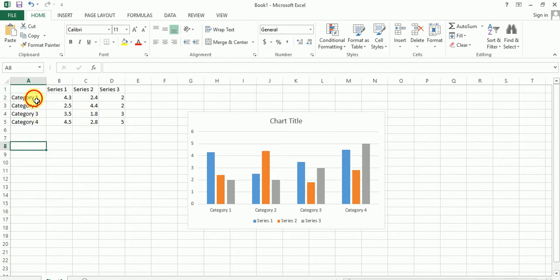We already entered these names in a column: category 1, category 2, category 3, category 4. But when you insert a chart, the chart shows them differently. Why? Because this is the rule of the chart. Inside the chart, category 1, 2, 3, 4 are shown horizontally.